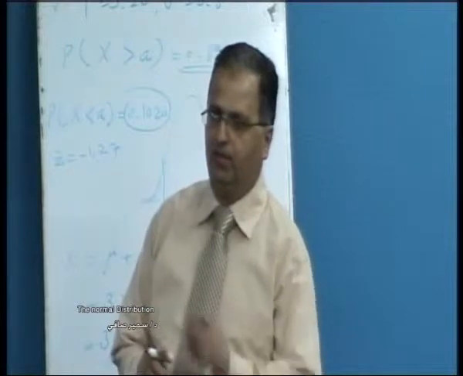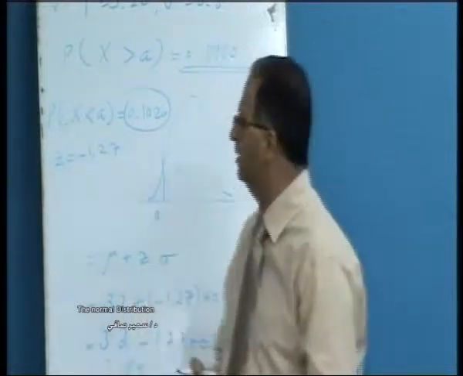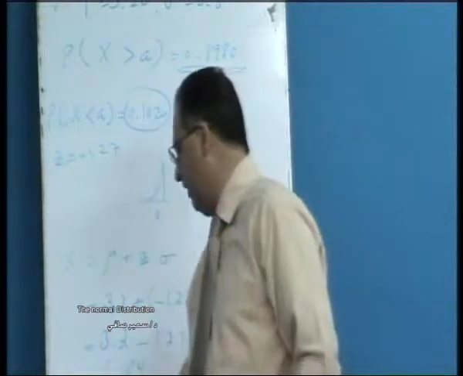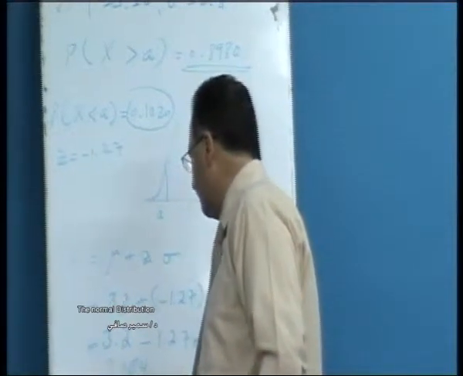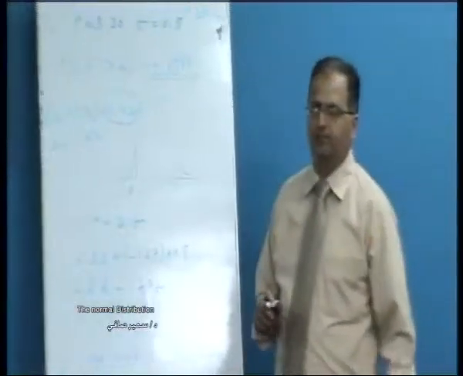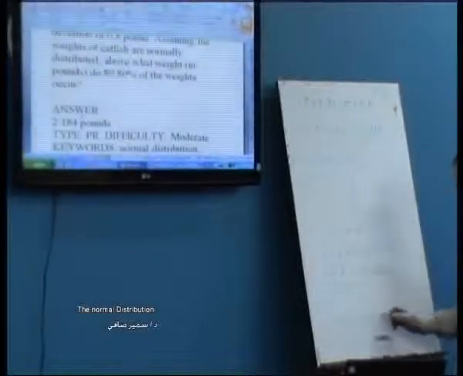Be careful. In the previous one, we had a probability of x greater than A equal 2%. In this case, the value of A, for example, is located in the upper tail here.